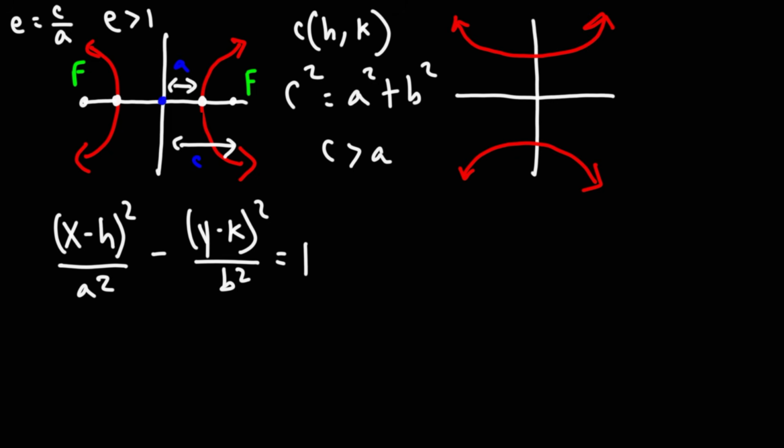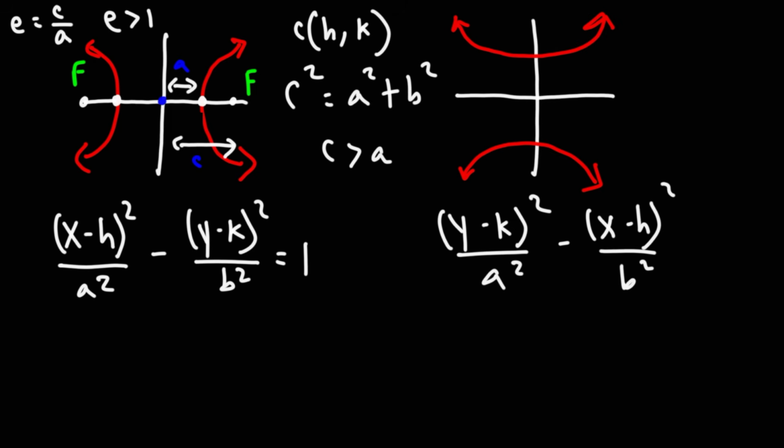Now, for the hyperbola on the right, we're going to have the formula (y minus k) squared over a squared minus (x minus h) squared over b squared is equal to 1. Now, for an ellipse, a is always larger than b, and that's how you would distinguish a from b for an ellipse.